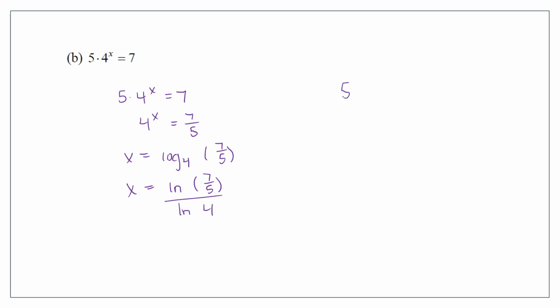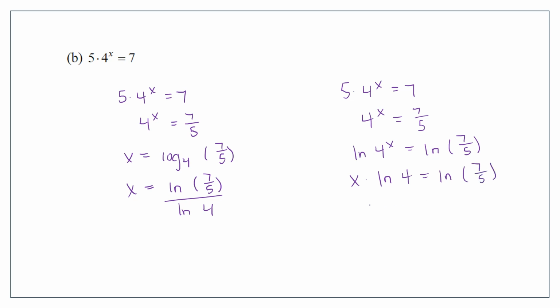If I would like, I could apply the natural log immediately to both sides. So I'd first get 4 to the power x by itself, then apply the natural log to both sides. So the natural log of 7 over 5, then I will be able to move my power x to the front of my natural log, which then will allow me to solve for x by dividing both sides by the natural log of 4.